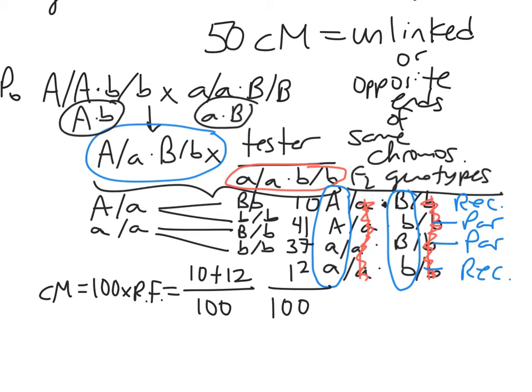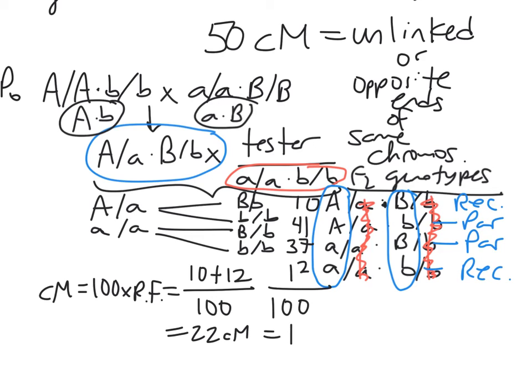In centimorgans. 22 over 100 times 100. So 22. So are these genes linked or unlinked? Wait, less than 50 centimorgans.